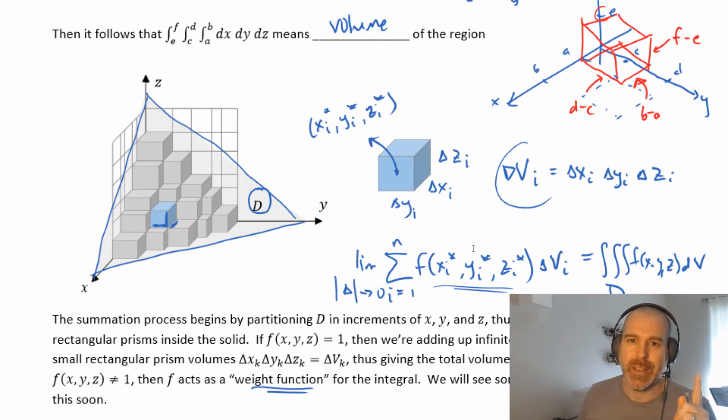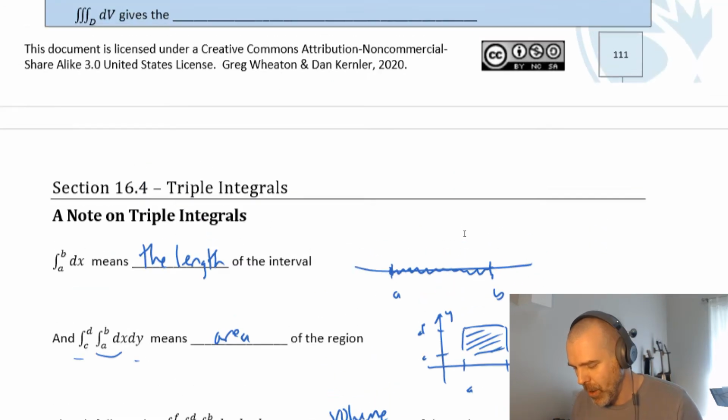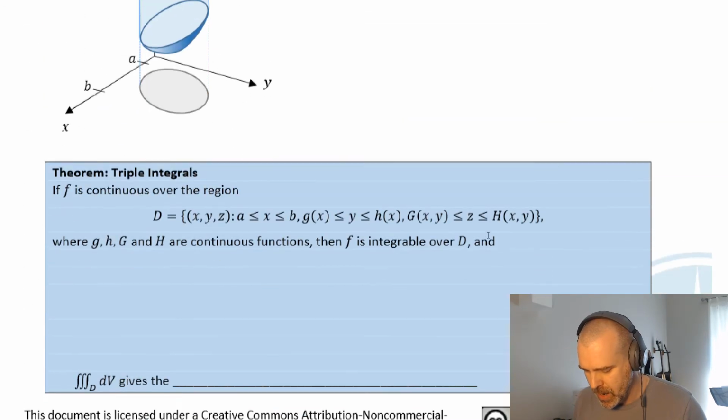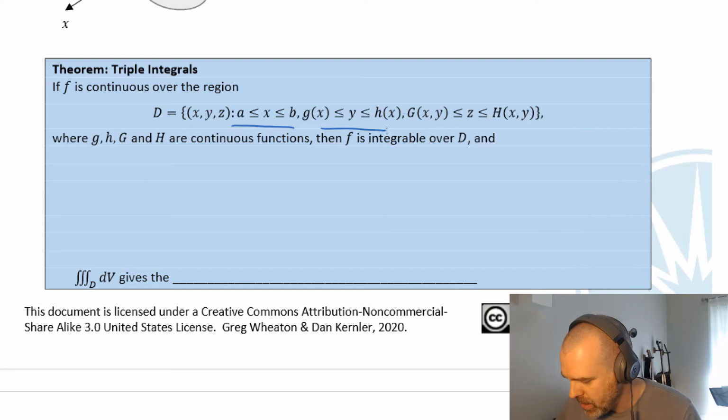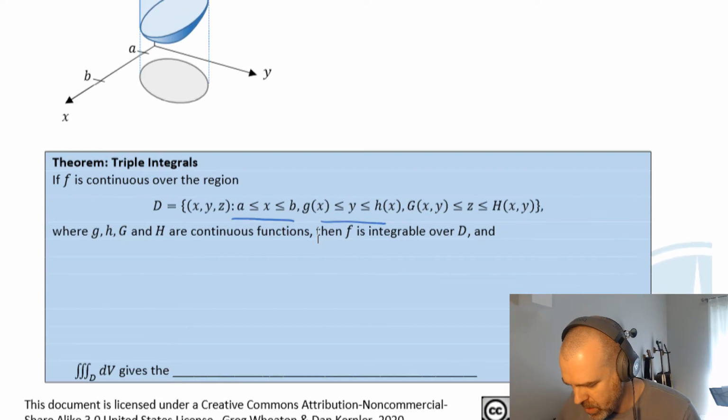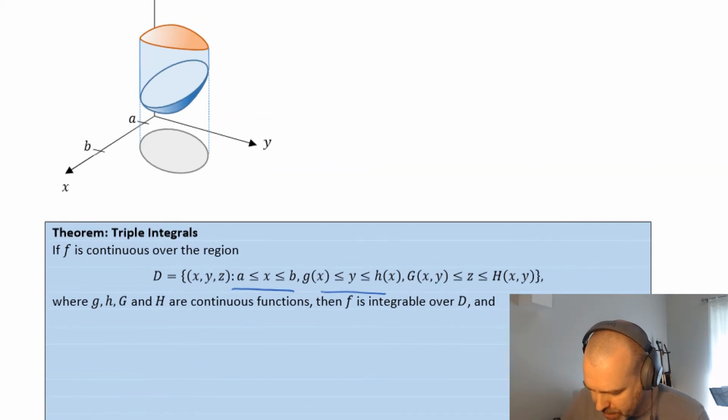So now, this is why I said I apologize, things are in the wrong order. We're going to go back and fill in this box here. A theorem for triple integrals: if f is some continuous function over the region, now we're really flexible here. x is going from a to b, but then y goes from some bottom function, g of x in your text, to some top function, h of x.